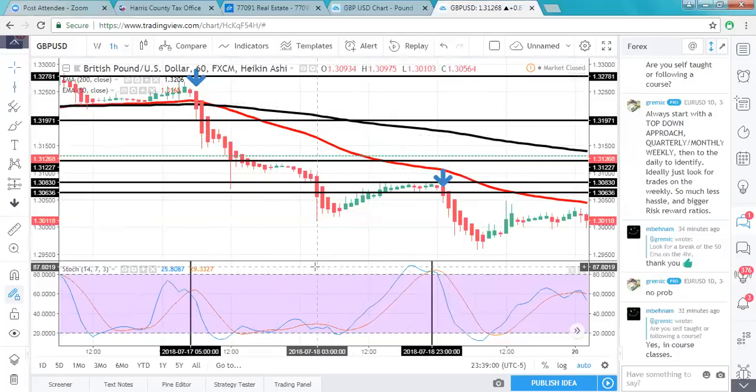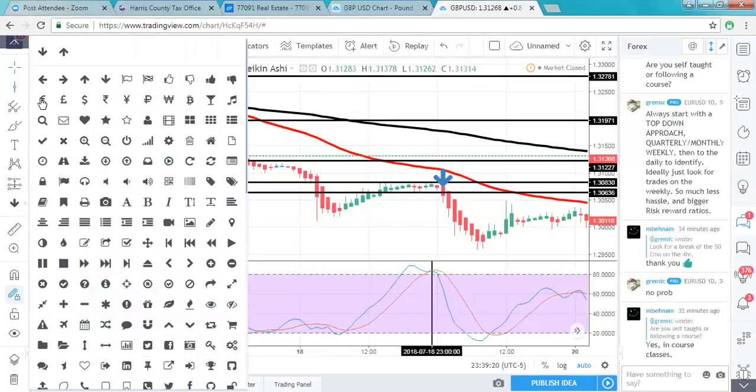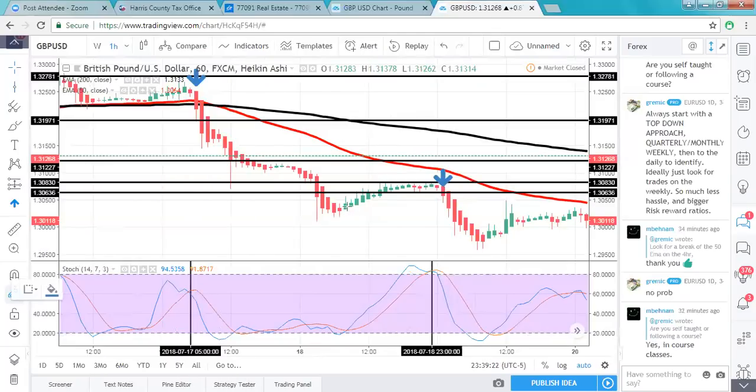So for anybody wondering, how do I know when to get out? How do I know when to personally get out? Is this. I will wait until I see a green flat pop up if I'm in a sell. So this would have been my exit here, right?